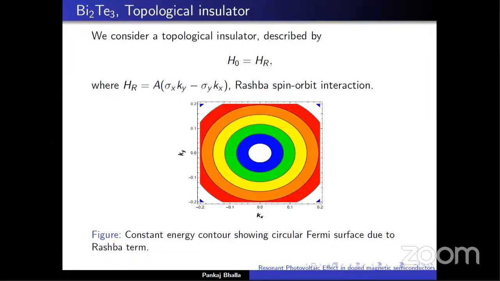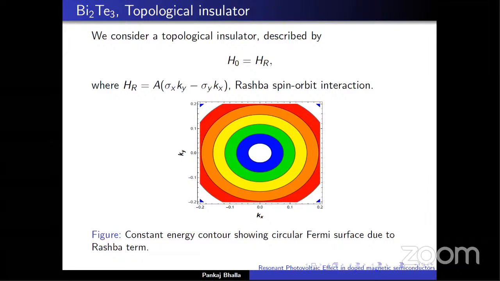In typical semiconductor materials, people did this around 2000 or 2002. But for these topological materials, they started just recently, 2-3 years back. Several experimental groups are working on this type of materials for the nonlinear stuff.